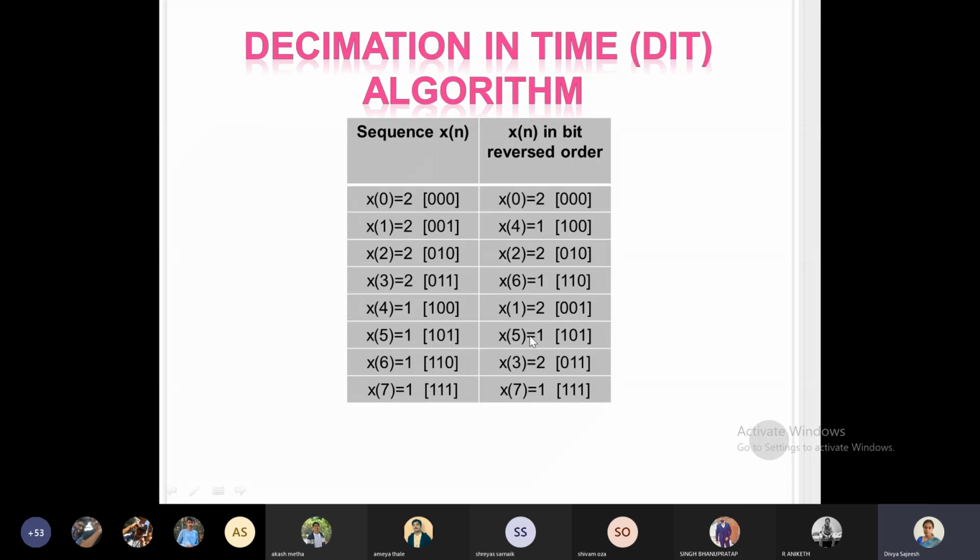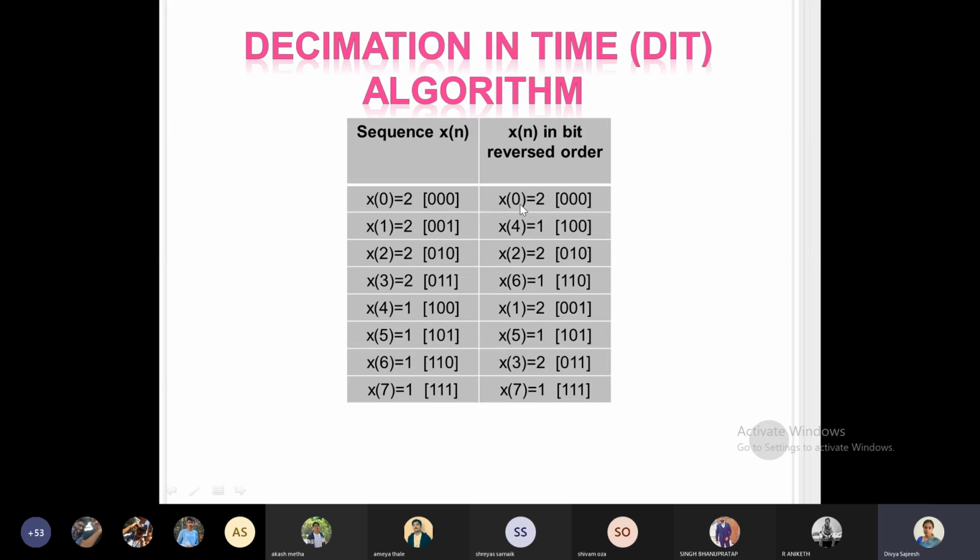Okay, so I hope everyone understood what is done in the first step. You are reversing. So how did the elements come now? x0, x4. You can see the position of the elements has changed now. Earlier it was x0, x1, x2, x3, x4, x5, x6, x7.